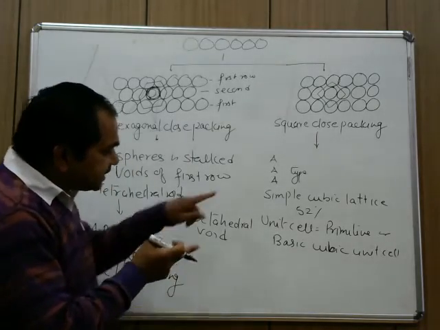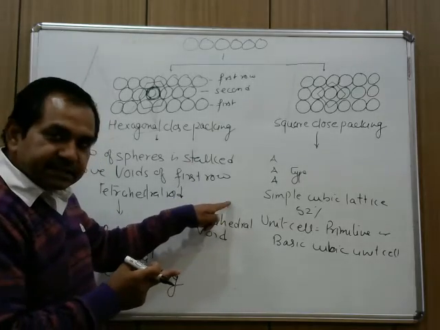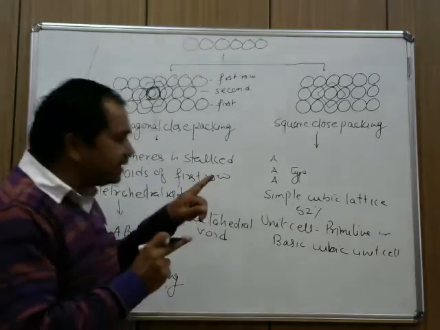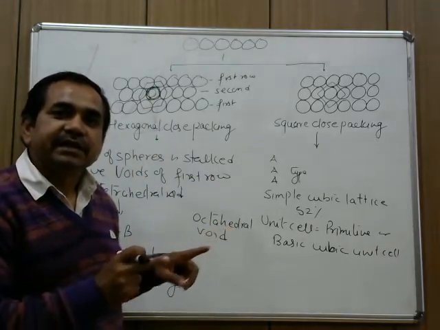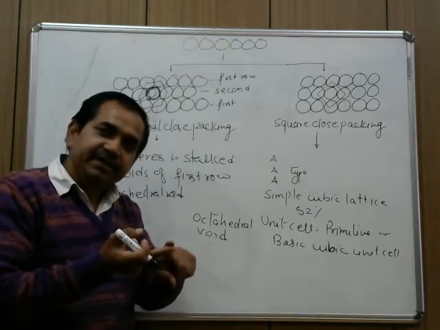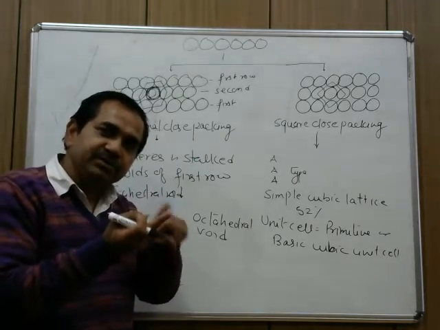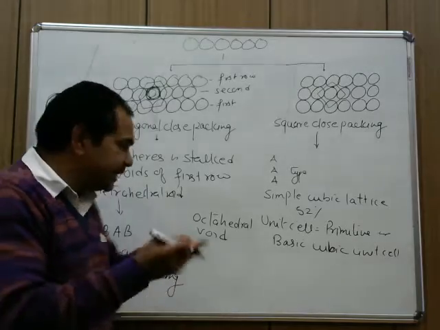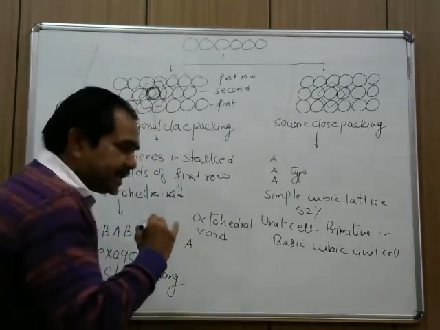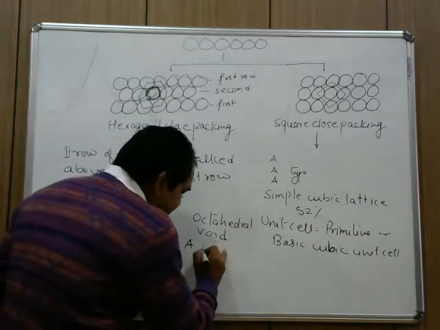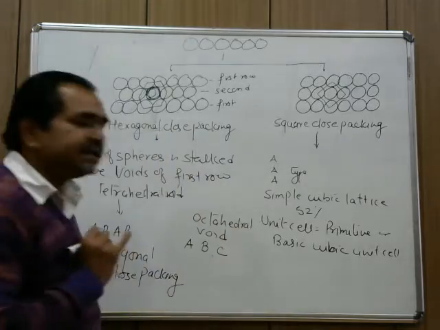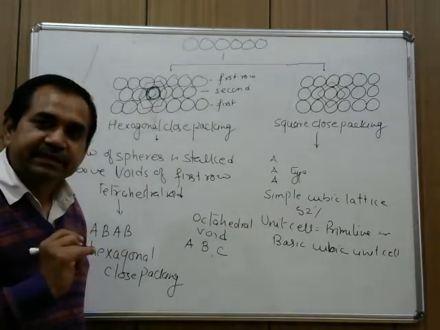But if the spheres of the third row are placed in such a way that they cover the octahedral voids of the second row, then the spheres of the third row have an altogether different alignment from the spheres of the first row and second row. That means the first row has one arrangement, the second row has a different arrangement, and the third row also has a different arrangement.